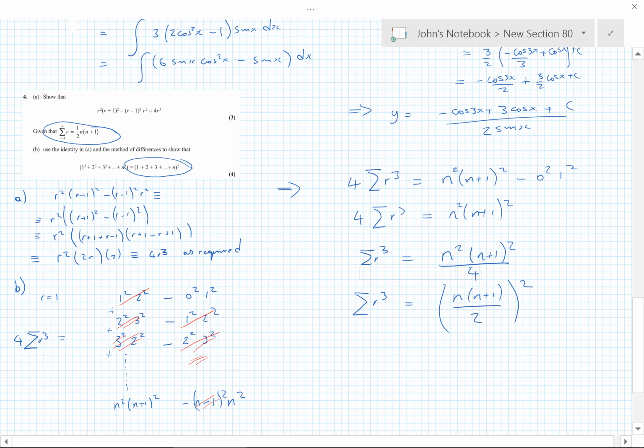Do you notice anything here? It's given us this hint. It's equal to that. Now that's equal to sigma r. I probably ought to be putting in r equal to 1.